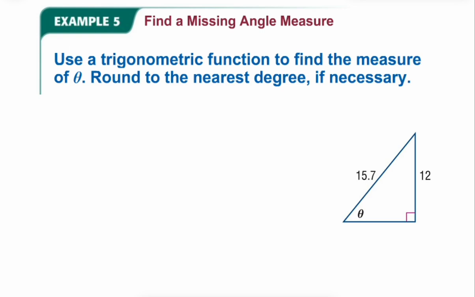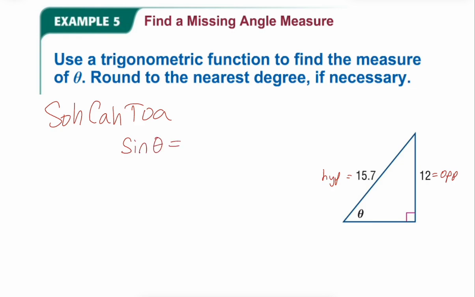In relationship to where this angle is sitting, this one here is our opposite. Label it. This one here is our hypotenuse. Label it. Find the correct one that matches your SOHCAHTOA. The one that uses opposite and hypotenuse is the sine. Write down the formula. The sine of theta is opposite over hypotenuse.